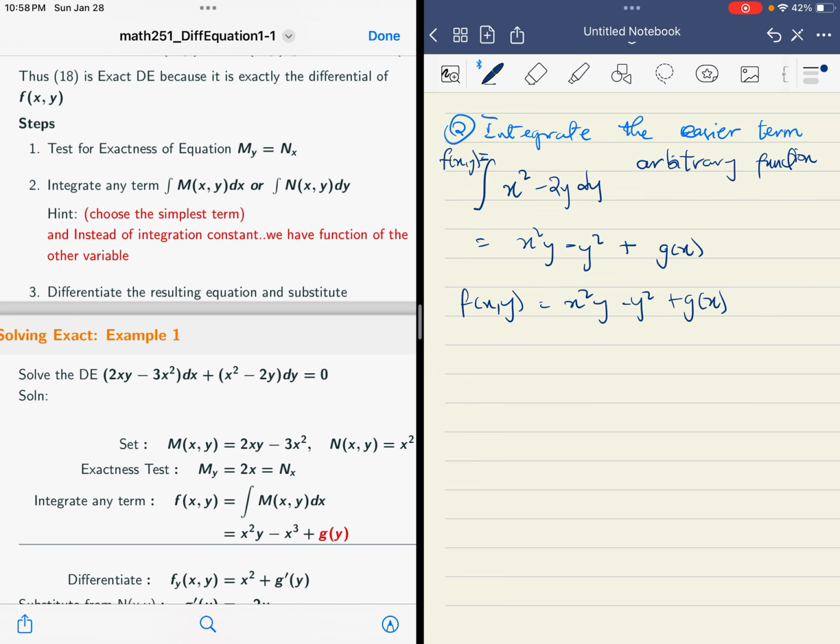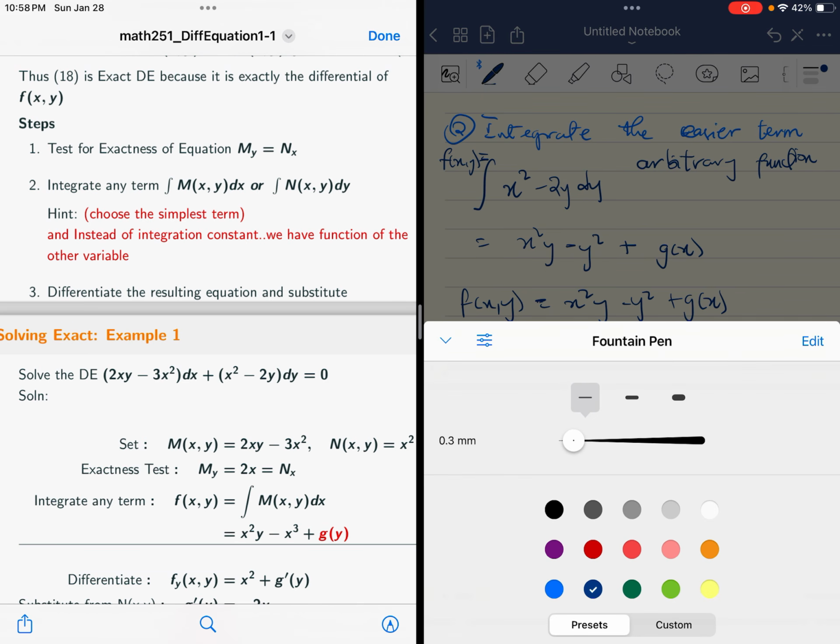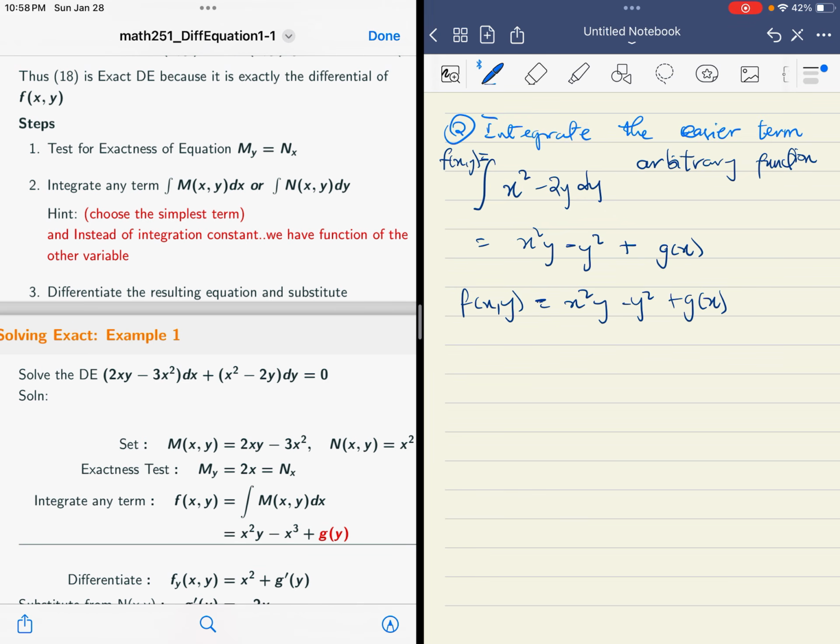What do we do now? We are going to differentiate at this point. So there's step 3. I know it may seem like a lot of steps, but once you get it, you will understand. The next thing we are going to do is differentiate the solution we have.